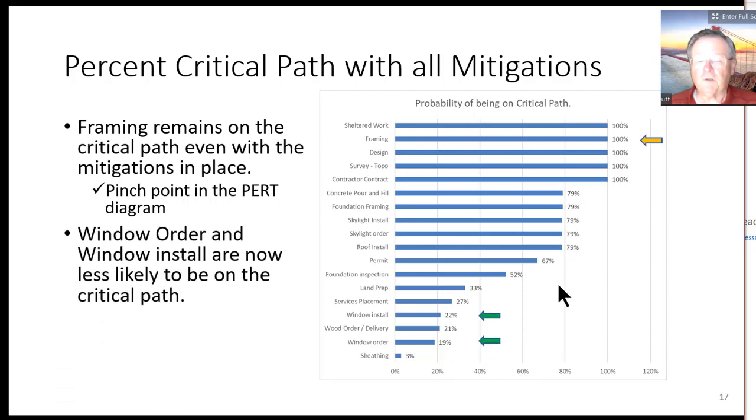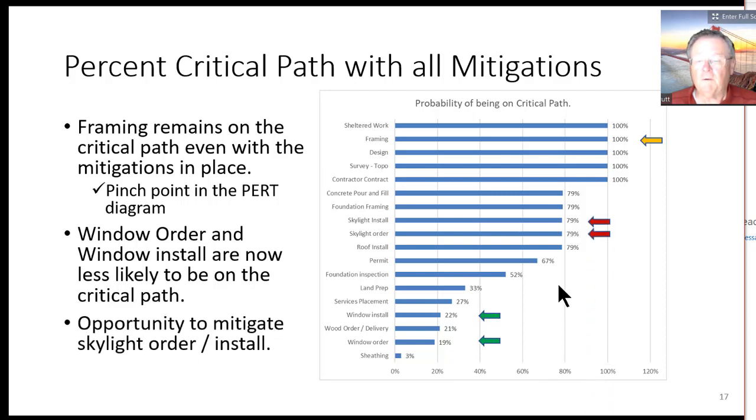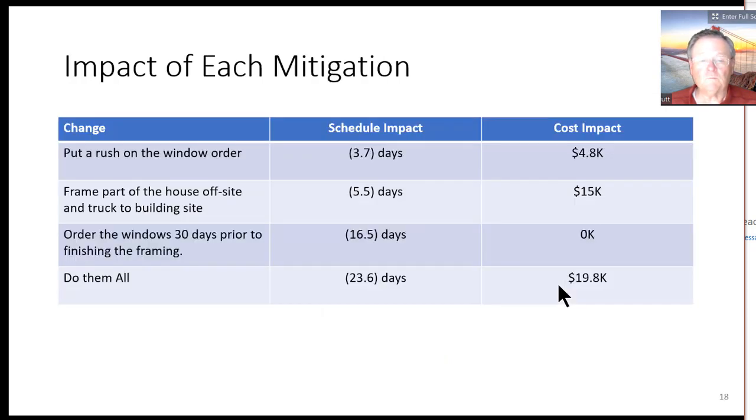Window order and window install, which we worked on, we mitigated those, are now less likely to be on the critical path. So we can see the impact of our mitigations. And we now have an opportunity to mitigate the skylight order and the install of the skylights. So that might be another mitigation we could look at.